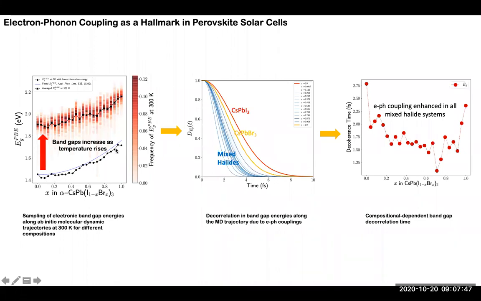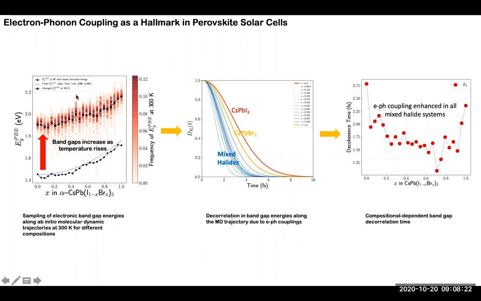And what you can see here is that if you look at the band gap energy of the cubic mixed halide perovskites, the band gap energy increases gradually as you get more bromide. And if you take into account the thermal vibration of atoms, you run a molecular dynamics simulation, and you get snapshots along that simulation trajectory, which you can then use to calculate the band gap energy of each frame.